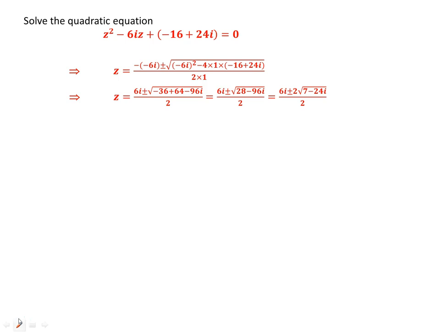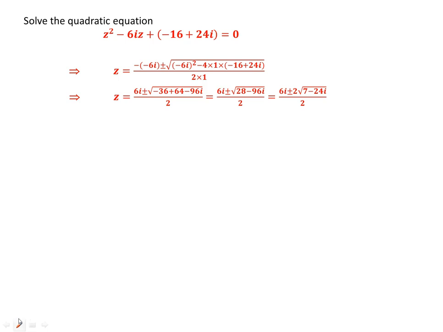And 28 minus 96i has got a common factor of 4 running through it. So if we pull that common factor of 4 out, the square root expression can be simplified to 2 times the square root of 7 minus 24i.